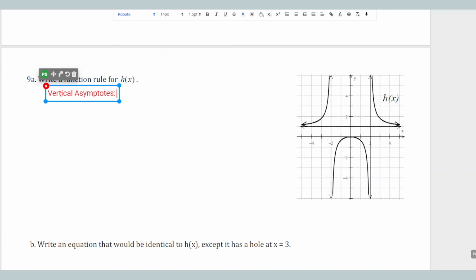Actually, we got 2 of them. Okay, we've got one at x equals 2 and x equals -2.